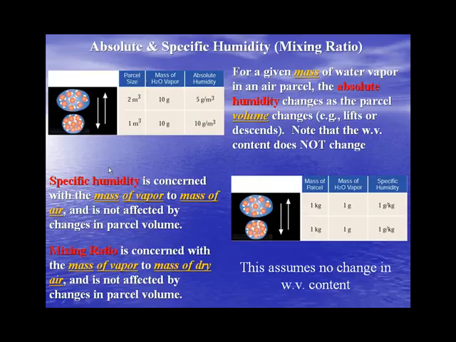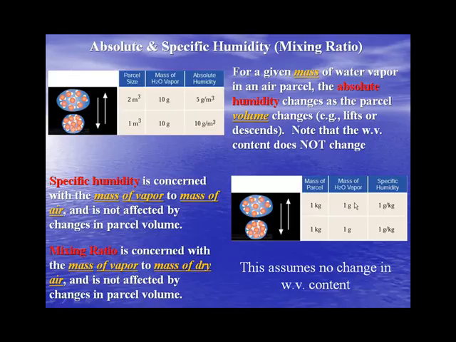Now, specific humidity is concerned with the mass of water vapor and comparing it to the mass of air. We're not saying anything about the size or the volume. All we're doing is talking about the mass of the water vapor and comparing it to the mass of the air. So if we use this example right here, this particular graphic down in the bottom right-hand corner, again we have an air parcel.